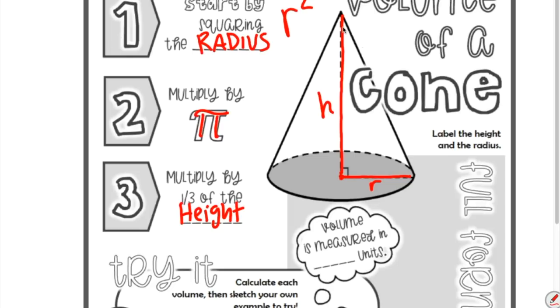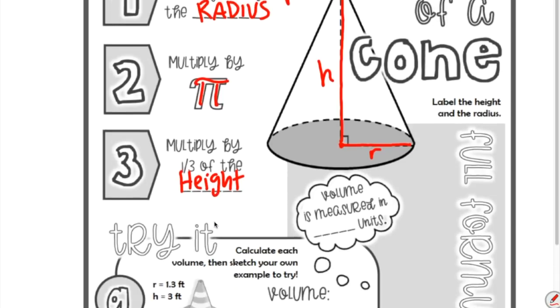Your height is just from the top to the bottom. Whichever way you go, your height is that long side of the cone. You really only need your radius and your height, and then you have everything you need to plug this in.